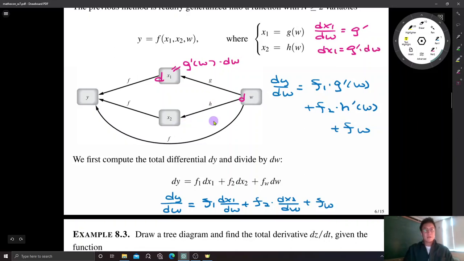Right? And similarly, the differential dx2 is going to be h prime times dw. Okay, so now we have considered these two channels.